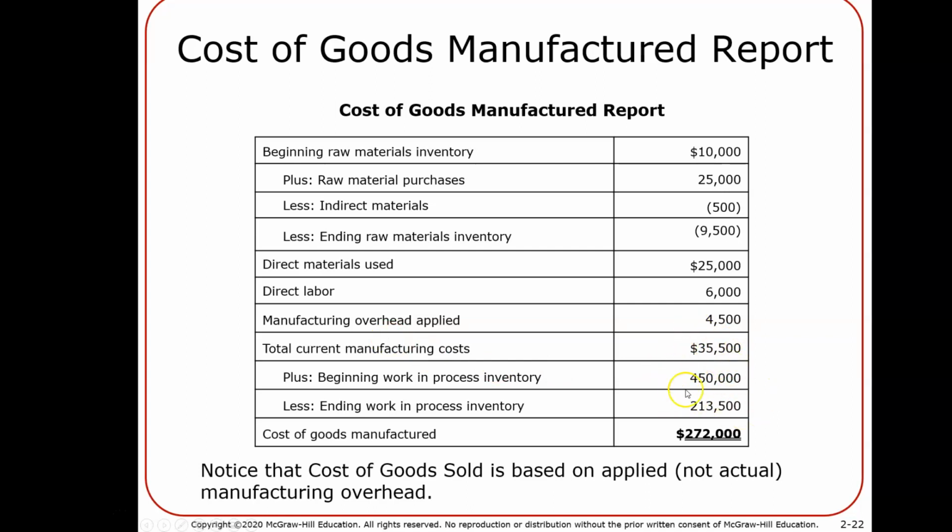If we add our beginning work in process and subtract the ending, it gives us the cost of goods manufactured. And this is based on the applied, not the actual overhead. So if you understand the T accounts, you can do this report, and you will need to do this report.